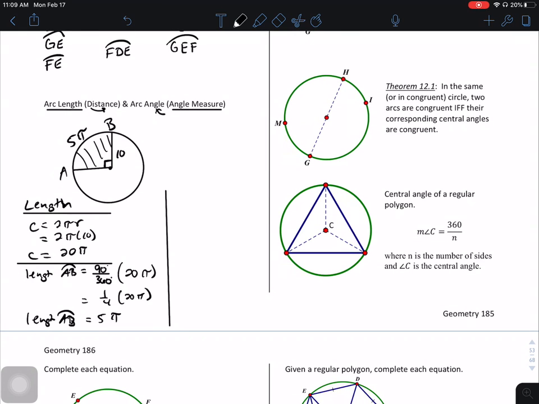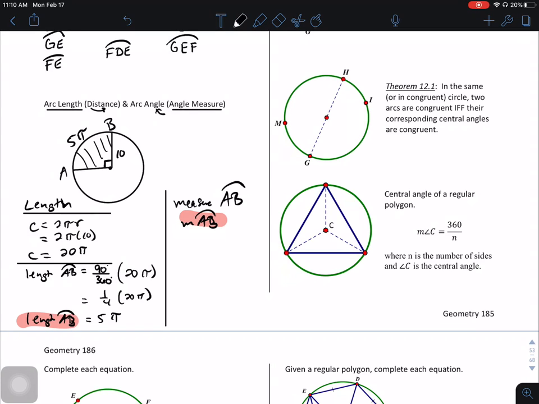As opposed to arc measure, the measure of arc AB, that's different than the length. Contrast that. That is the angle measure.